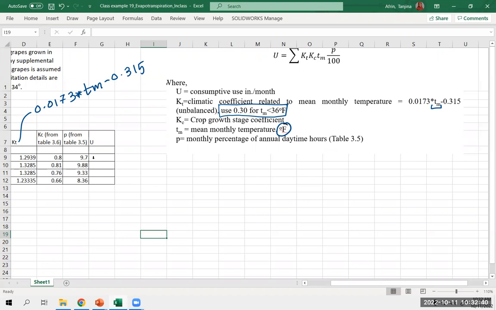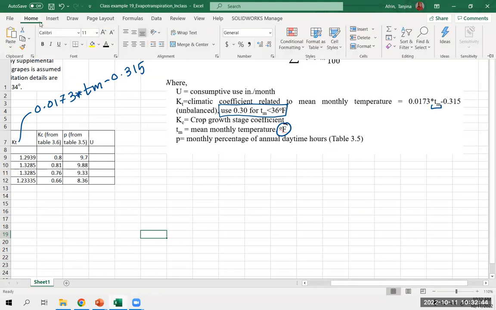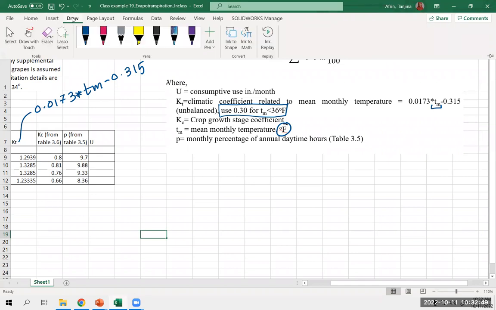Okay, what is the number you got for the very first one? Okay, let's check.